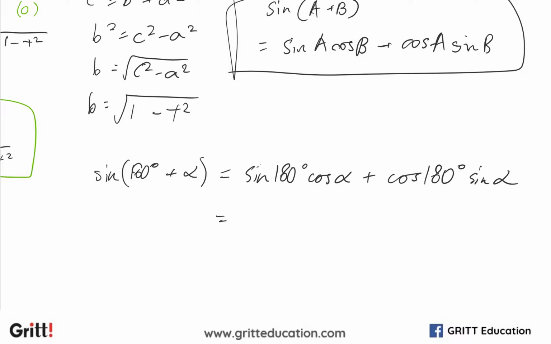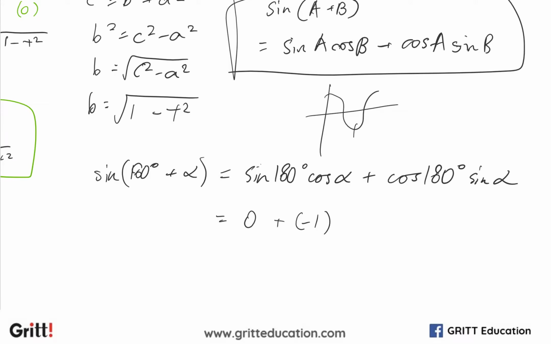So sine 180 degrees is actually 0. So 0 times cos alpha is still 0. Cos 180 degrees is equal to 1. But actually it's negative 1 because if you recall, the graph is like this, and this part is the 180 part. So it will be negative 1 sine alpha.